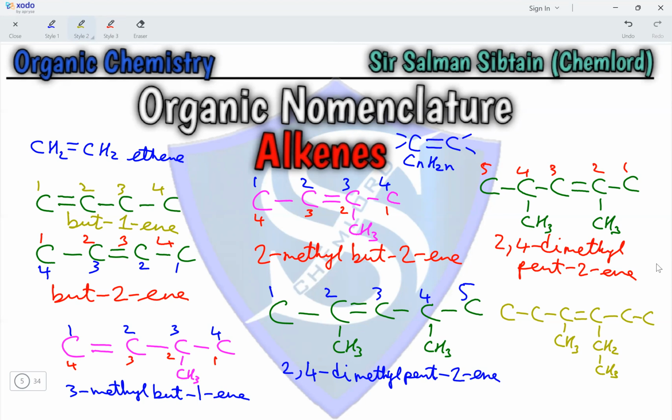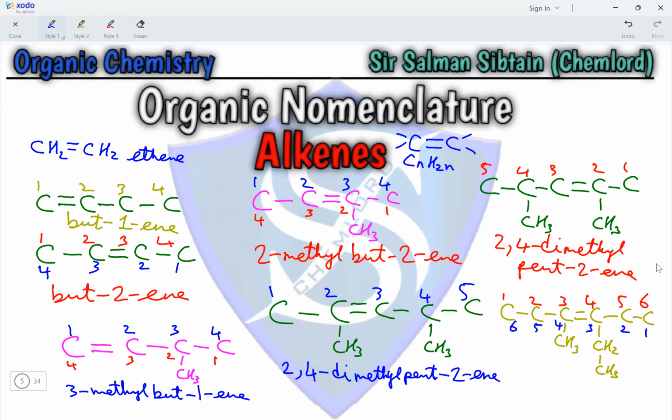So now the numbering here will matter, because if you number it from left to right, 1, 2, 3, 4, 5, and 6, we've got the methyl group present on the third carbon atom and the ethyl group present on the fourth carbon atom. However, if we number it from right to left, 1, 2, 3, 4, 5, and 6, we would have the ethyl group on the third carbon atom and the methyl group on the fourth carbon atom.